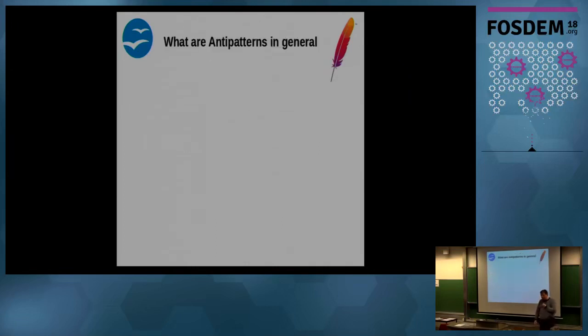So, what are anti-patterns in general? Anti-patterns are ways to develop something that have proven to not be very good. So we do not focus on what worked, we focus on what hasn't worked for various reasons.